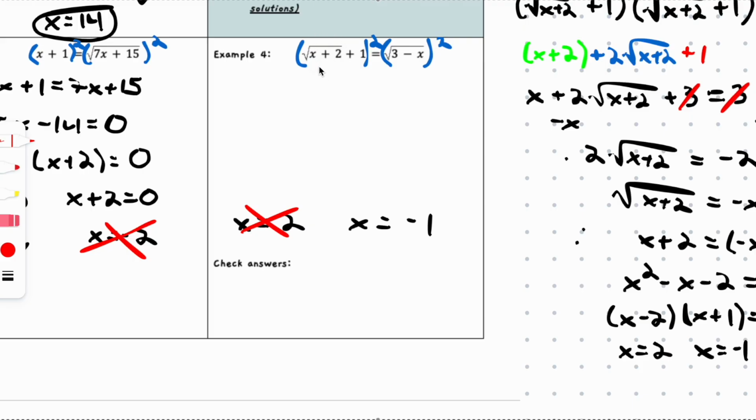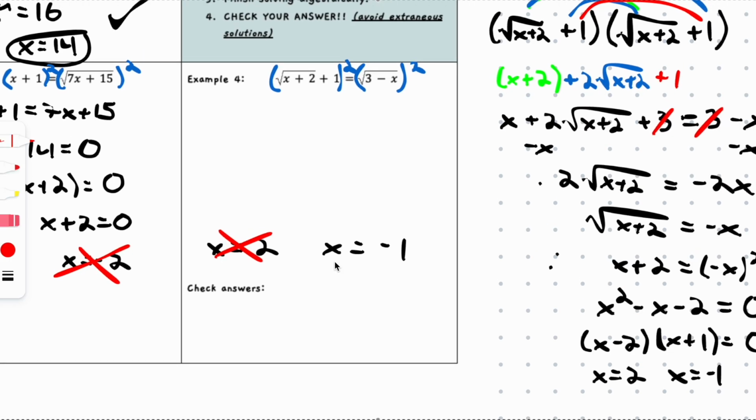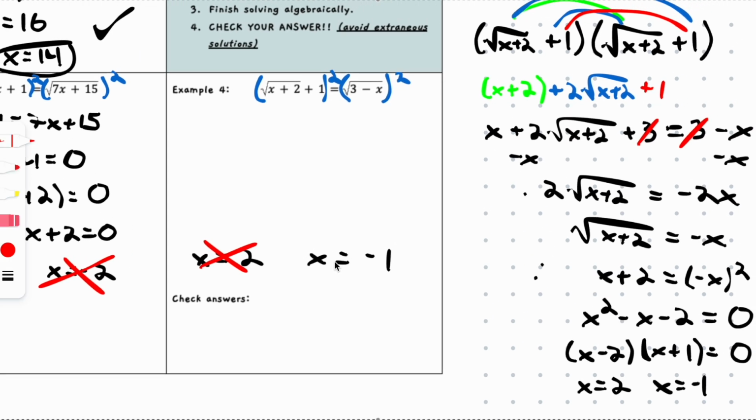If we were to get negative 2, we get negative 2 plus 1, that's negative 1. We assume that the square root of positive 1 is negative 1. That's sort of why we're getting 2 as a possible answer. But when we're actually plugging it in, it's extraneous because it goes against the rules of math. You have to assume when you're solving these equations that the square root is going to be positive.